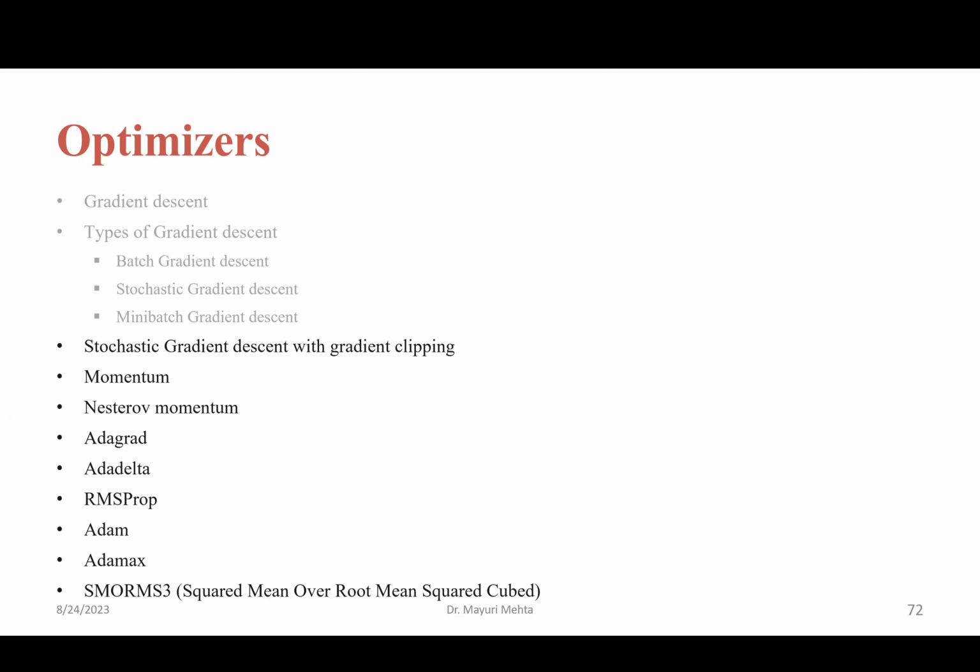RMSProp also uses a decay factor. In AdaDelta we were using a delta factor; here we are using a decay factor to control the influence of past gradients on the learning rate.